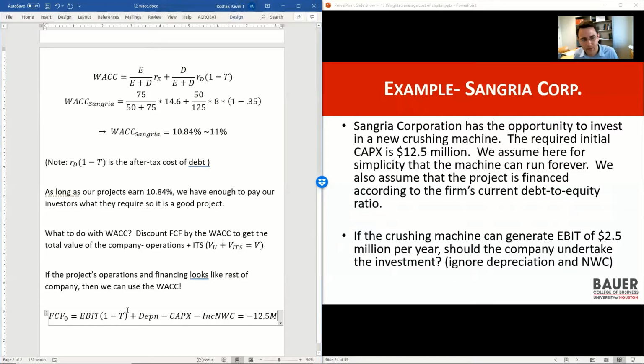If you remember back from the first midterm, you don't generate EBITs at time 0. It takes time to accrue revenues and expenses, likewise no depreciation. And here we're told to explicitly ignore net working capital. So all we have is this CapEx, negative 12.5 today. And then what happens in the future?